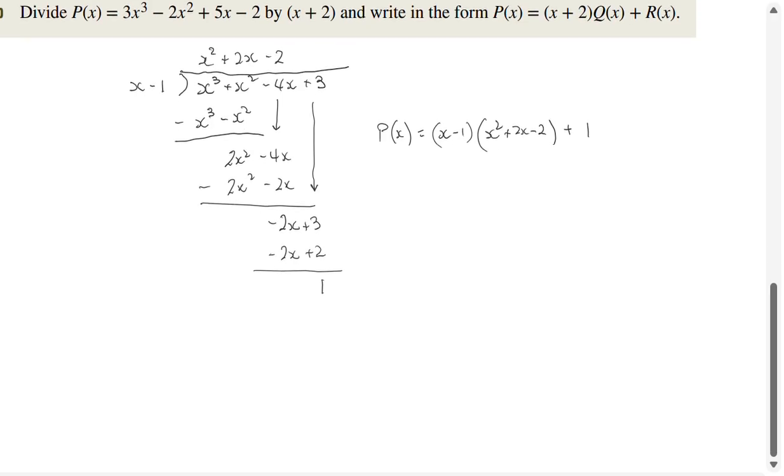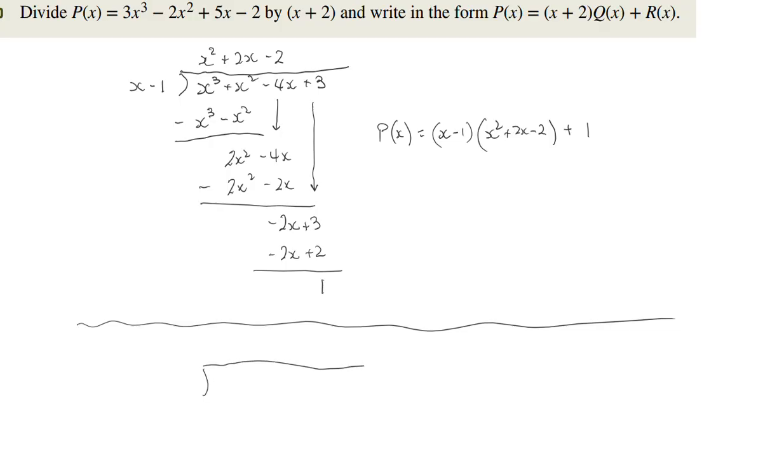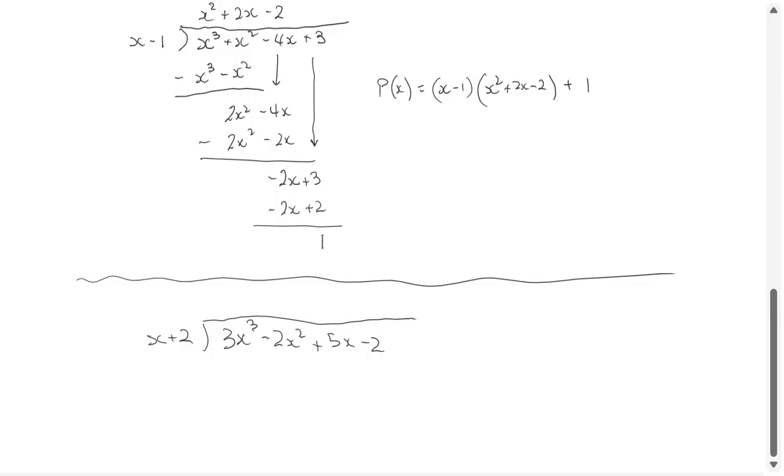Okay, I'm now going to do a solution to B. Three x cubed in here. Divide that by x plus 2. Okay, so you're checking your homework now.